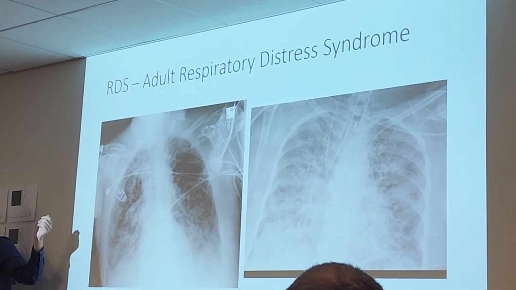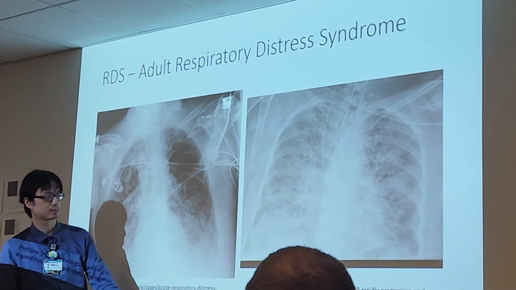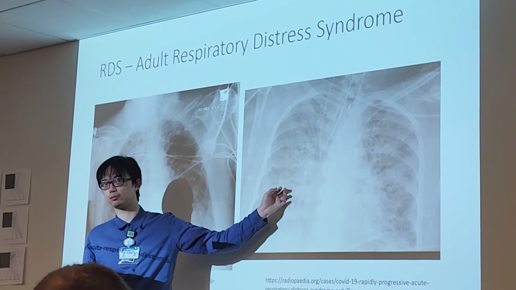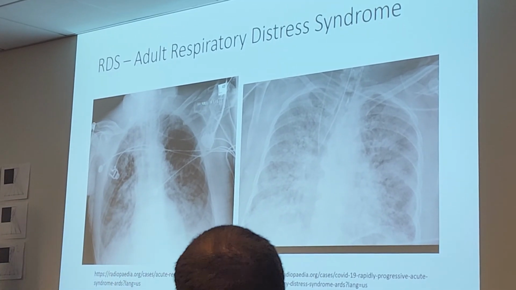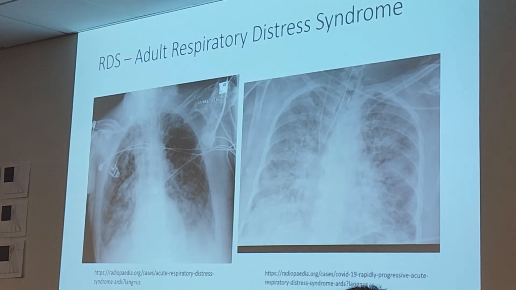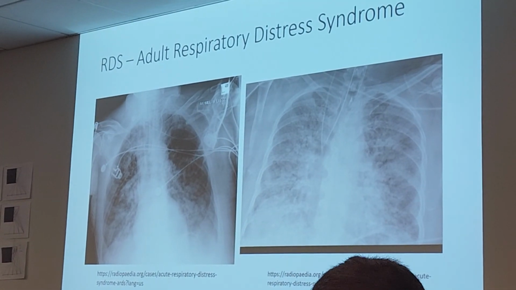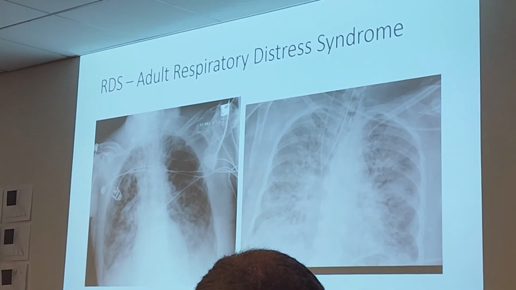That's going to be the fluid surrounding the alveoli. Same thing on this side as well. Something like this can cause dyspnea, for example. What is dyspnea? Shortness of breath, difficulty breathing. Very good.